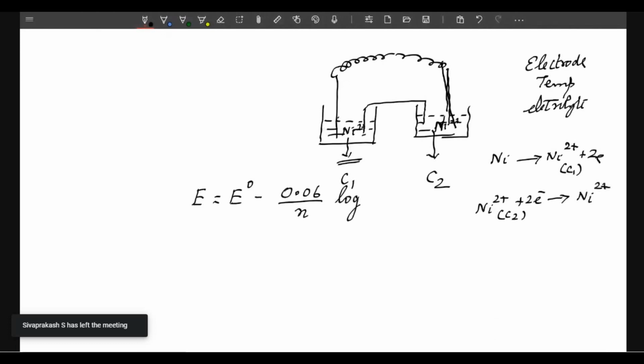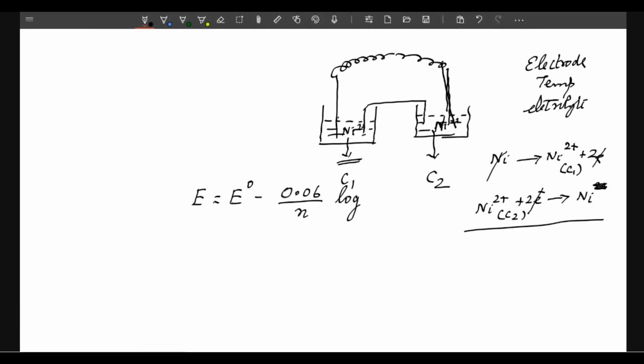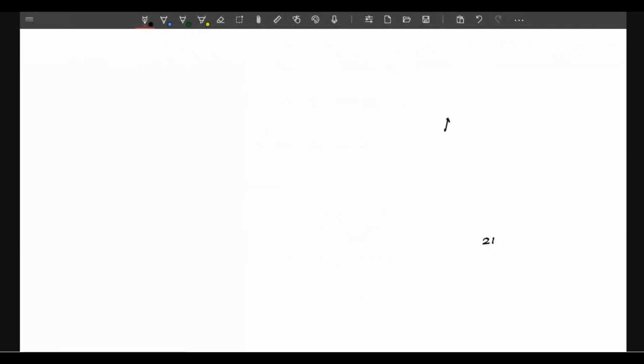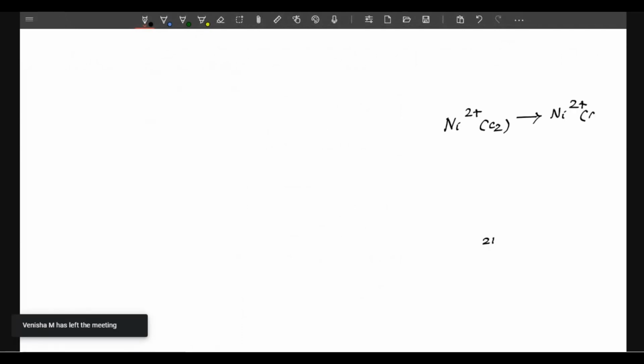If you write down the net chemical reaction, the 2 electrons get cancelled, nickel gets cancelled, and the net reaction is nickel 2 plus in the concentration C2 to nickel 2 plus in the concentration C1.